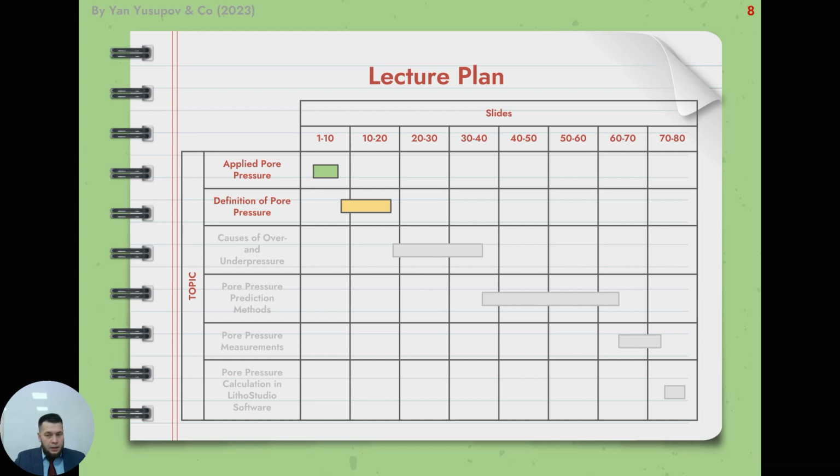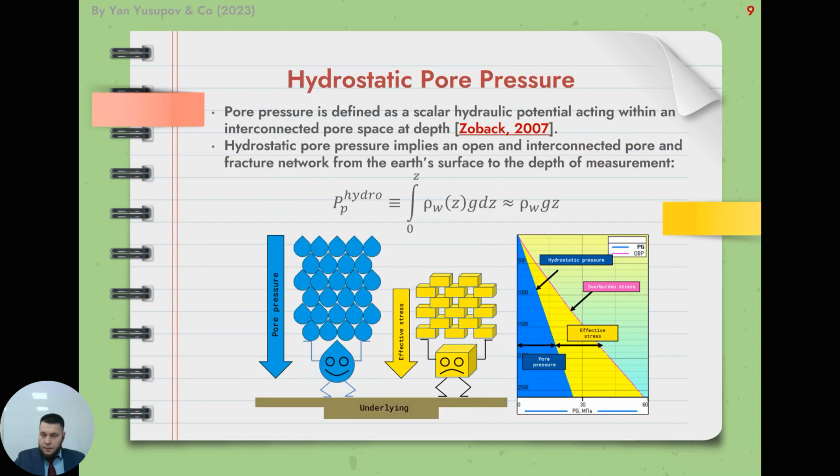Okay, let's go to the pore pressure definition topic. As you can see here, pore pressure is defined as a scalar hydraulic potential acting within the interconnected pore space.